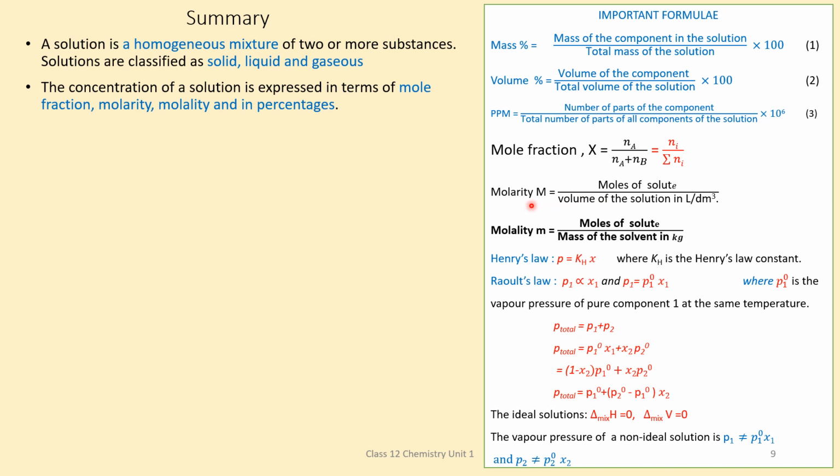And molarity, represented by capital M, is number of moles of solute divided by volume of the solution in liters per decimeter cube. And molality, represented by small m, is moles of solute divided by mass of solvent in kg.